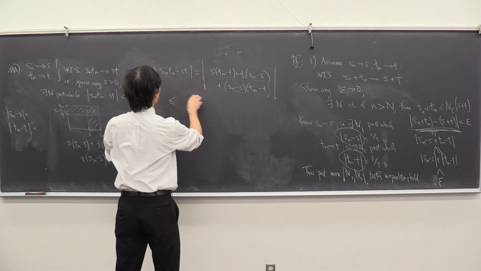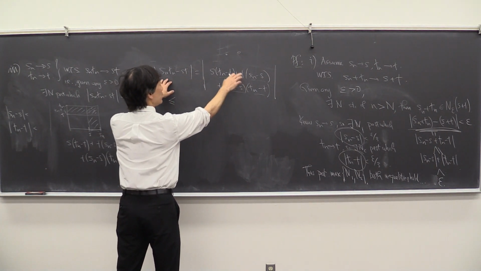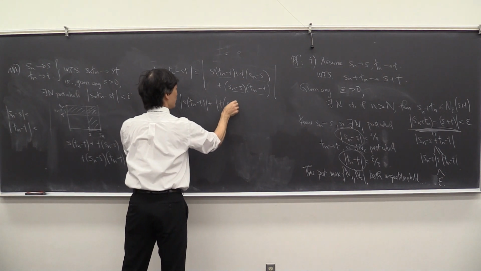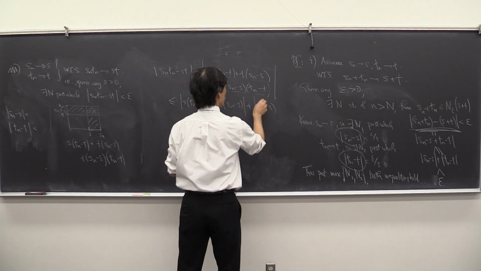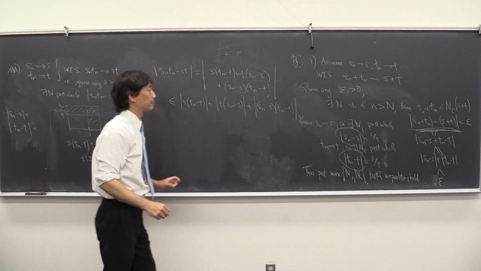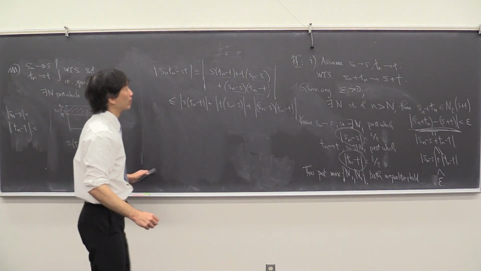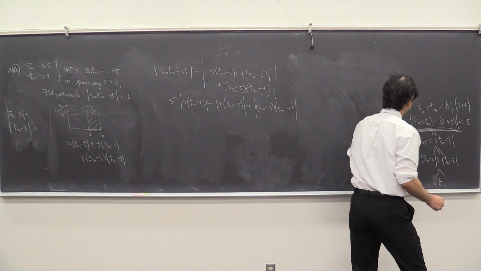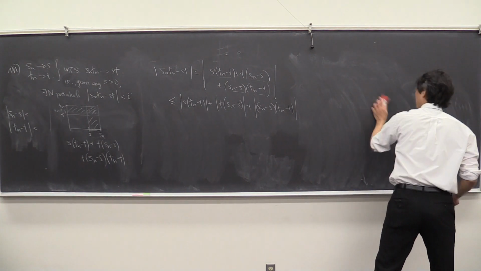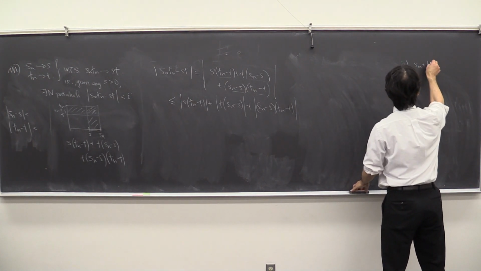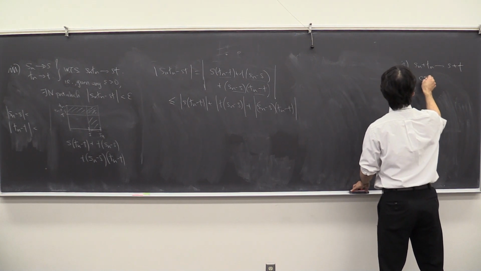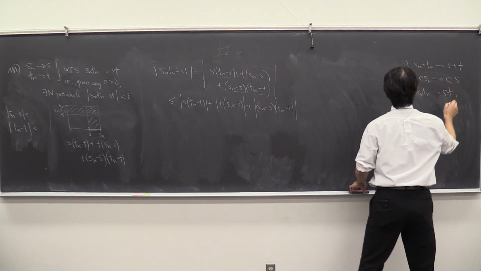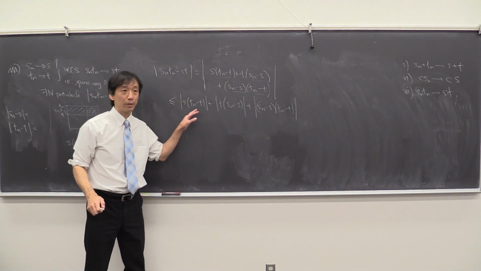Well, this thing equals this, and this thing is smaller than S times Tn minus T plus T times Sn minus S plus Sn minus S times Tn minus T. Is everybody okay? Yeah, okay, great.